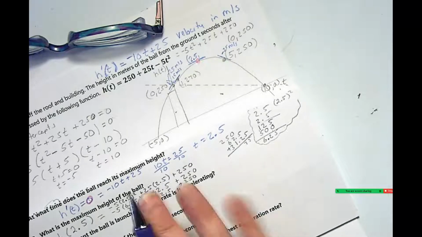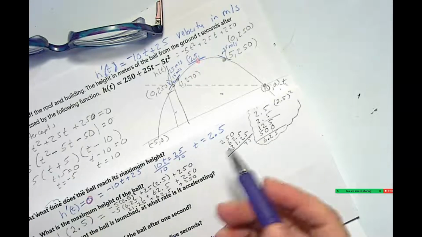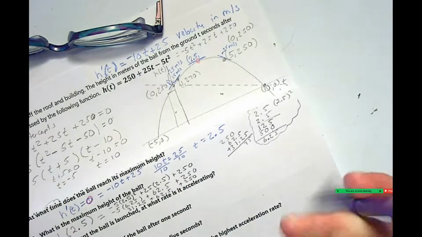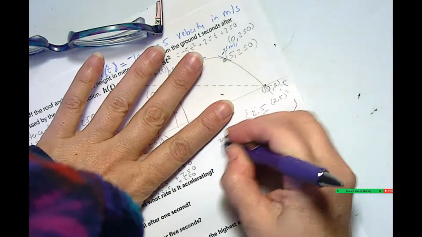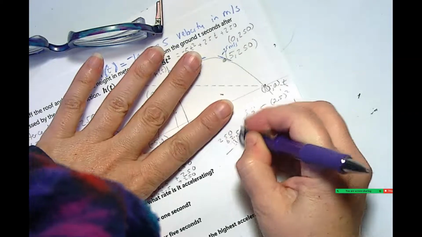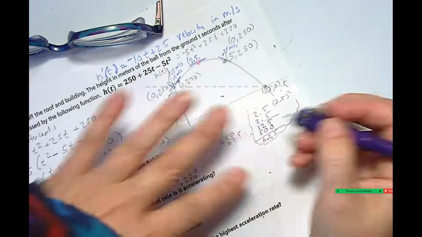So 250 stays. 2.5 times 25. I think we did that right. 2.5 times 25. 62.5. Yeah, and we both agreed on that one. And then 6.25. Oh, it's negative 31.25. So is it 30.125 or 31.25?